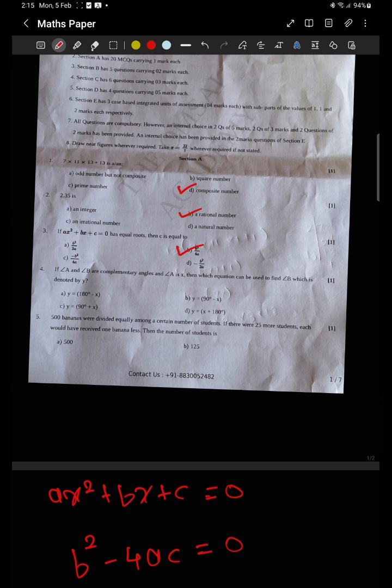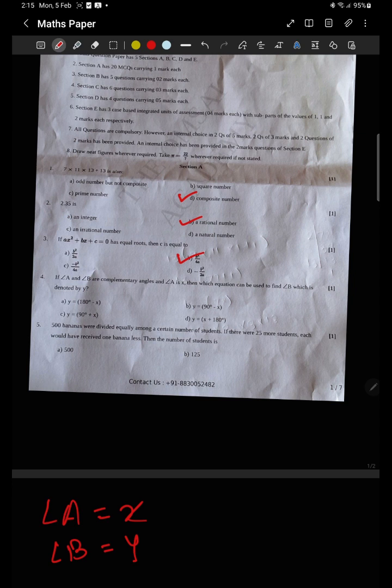Okay. Moving towards the next question. Question number 4: if angle A and angle B are complementary angles, and angle A is x, then which equation can be used to find angle B, which is denoted by y?